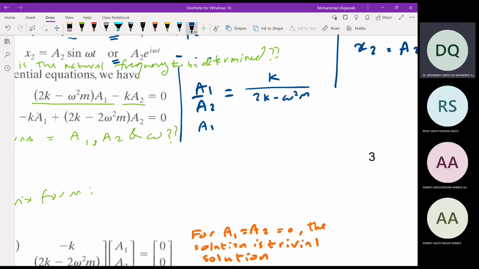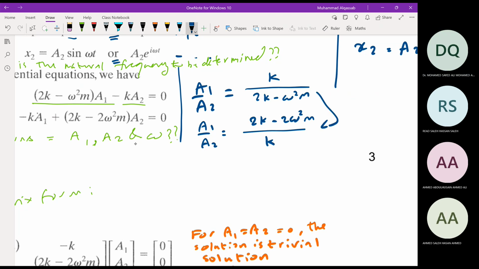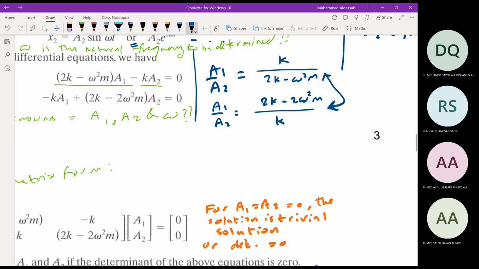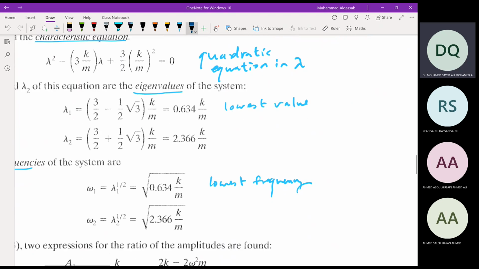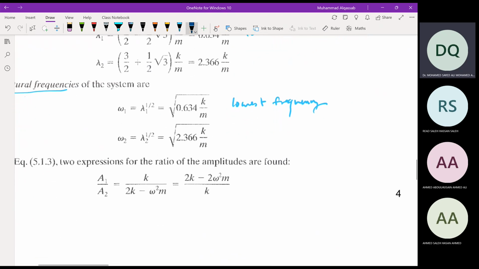And from the second equation, A1 over A2 equals 2K minus 2 omega square m over K. In fact, those are equal. And this is why we get an infinite number of solutions when you put omega equal to omega 1, okay? So we find the ratio rather than finding how much A1 and A2 are.